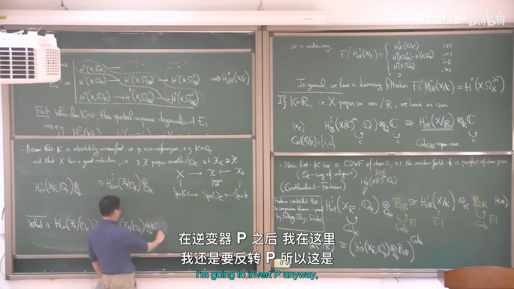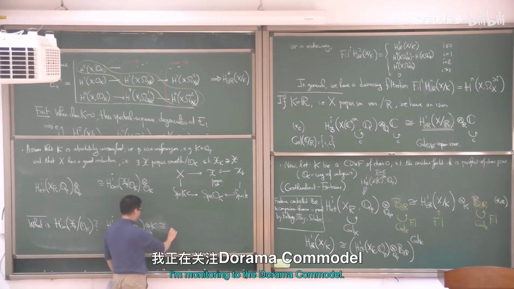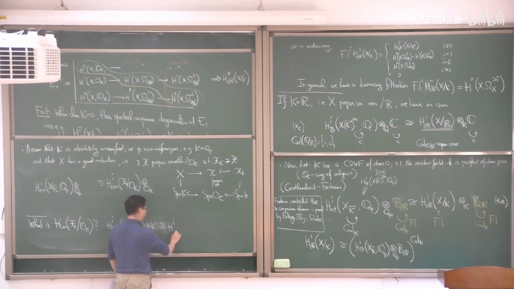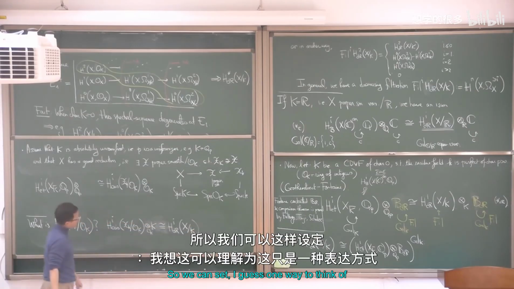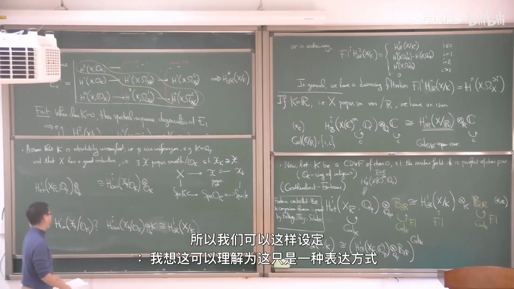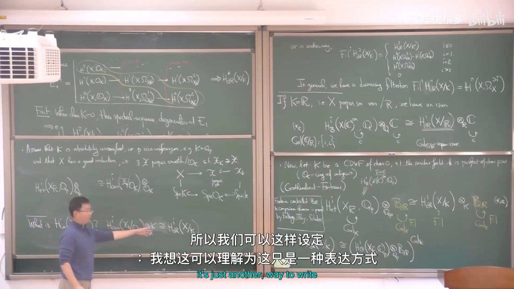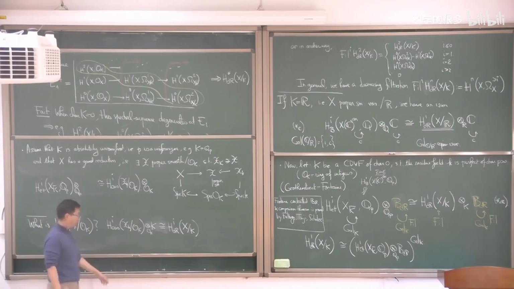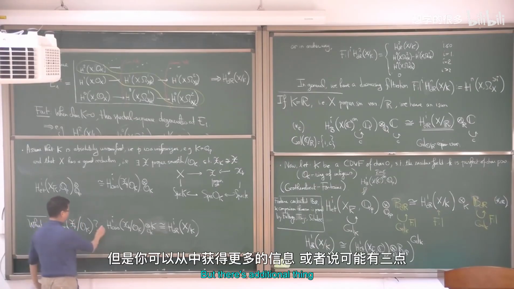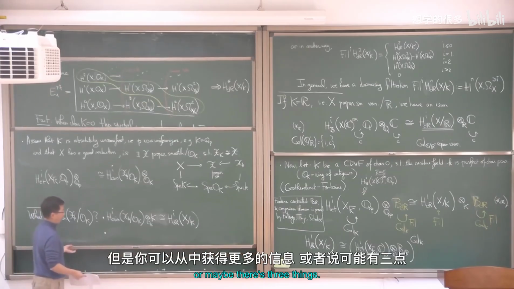I'm going to invert p anyway, so this is isomorphic to the de Rham cohomology. So one way to think of this is that it's just another way to write the de Rham cohomology and give it an integral model. That's true. But there's an additional thing you can harness from this, or maybe there are three things.